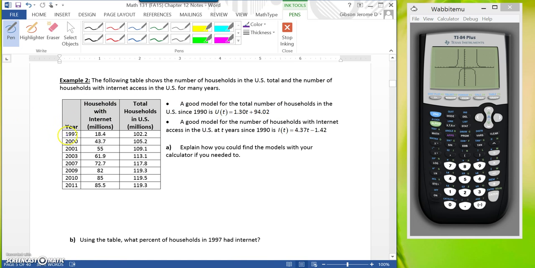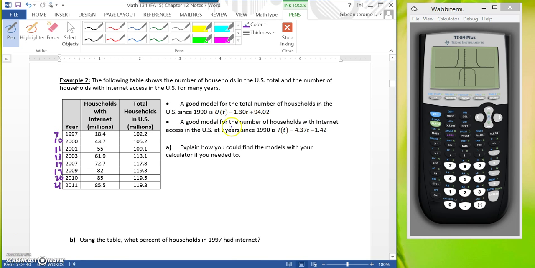Since everything is since 1990, we'll use this column here. This 97 will become 7. This will be 10, 11, 13, 17, 19, 20, and 21.